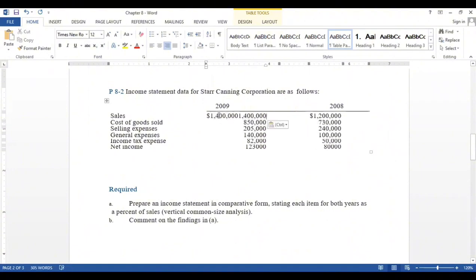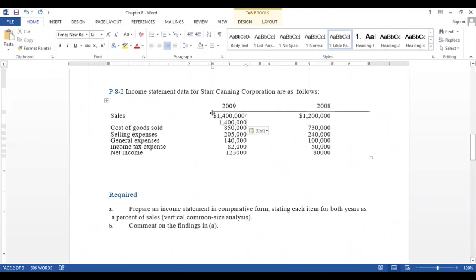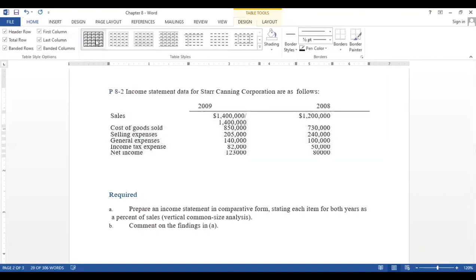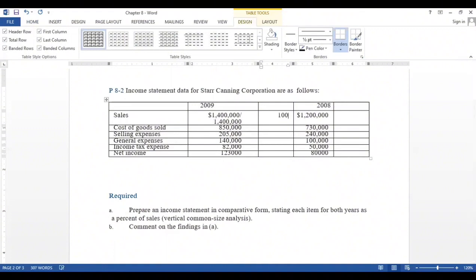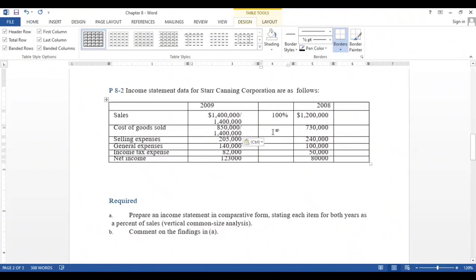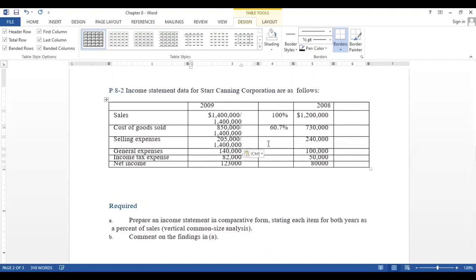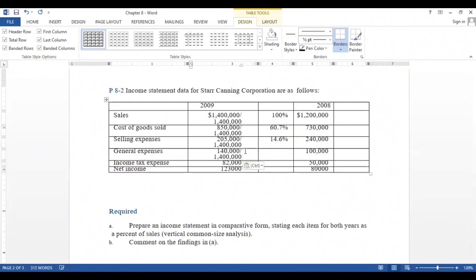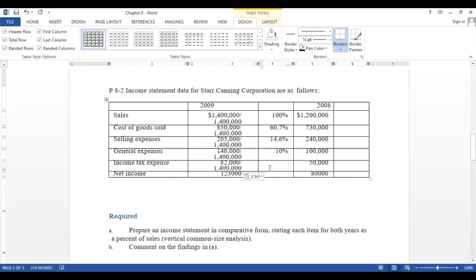So sales divided by sales, all right, gives 100%, and then we divide the CGS by the sales, and we get the percent of CGS with respect to sales, which is 60.7%, and we do the same with selling expense, and we get 14.6%, and then general expenses divided by sales, and we get 10%, and then income tax 82,000 divided by net sales, and we get 5.9%.